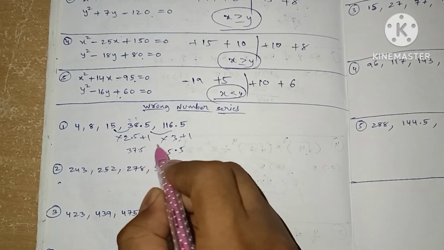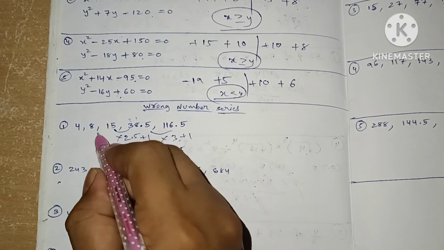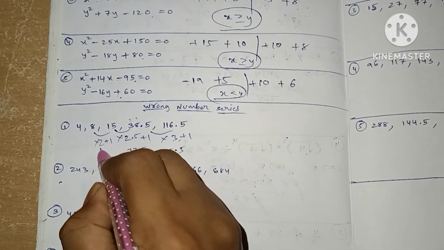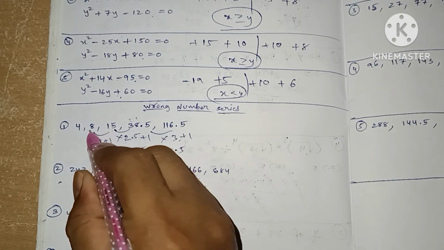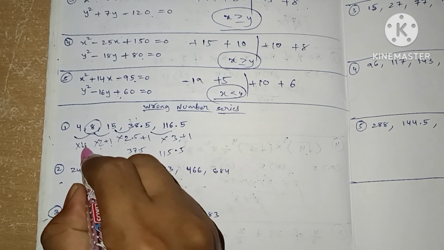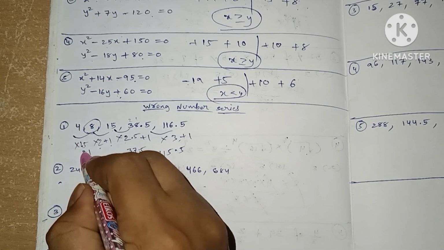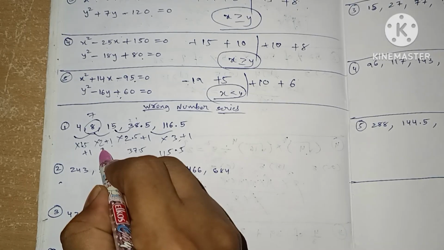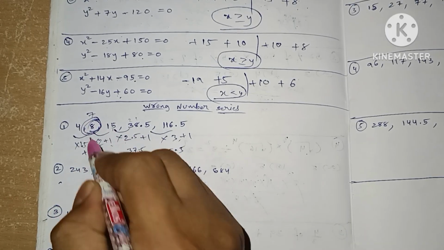So times 2.5 plus 1, times 3 plus 1, so it must be times 2 plus 1. 2 times 8 is 16 plus 1, which is 17, so it must be the wrong one. So the next one must be times 1.5 plus 1, so 6 plus 1 is 7, 7 times 2 is 14 plus 1 is 15, so this is our wrong number.